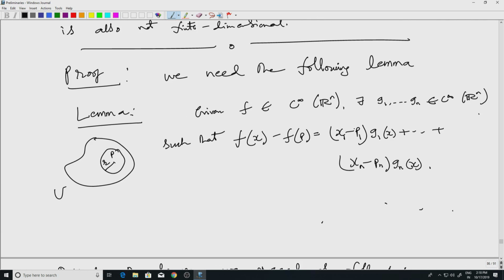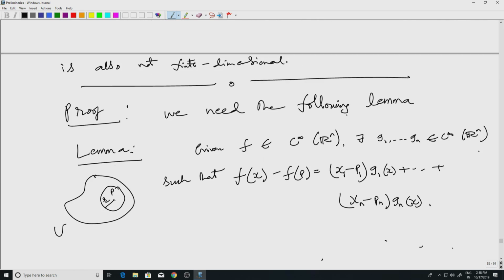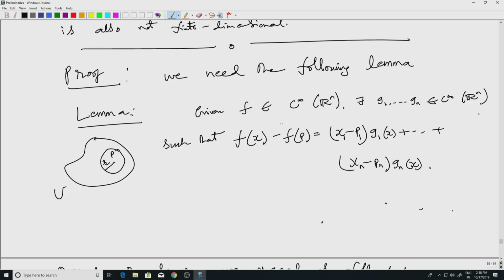So let's prove this. The proof essentially hinges on the following crucial lemma. Given any C infinity function f on R^n, we can find n C infinity functions g1, g2, ..., gn such that f(x) minus f(p) has this form: (x1 minus p1) times g1(x) plus ... plus (xn minus pn) times gn(x).